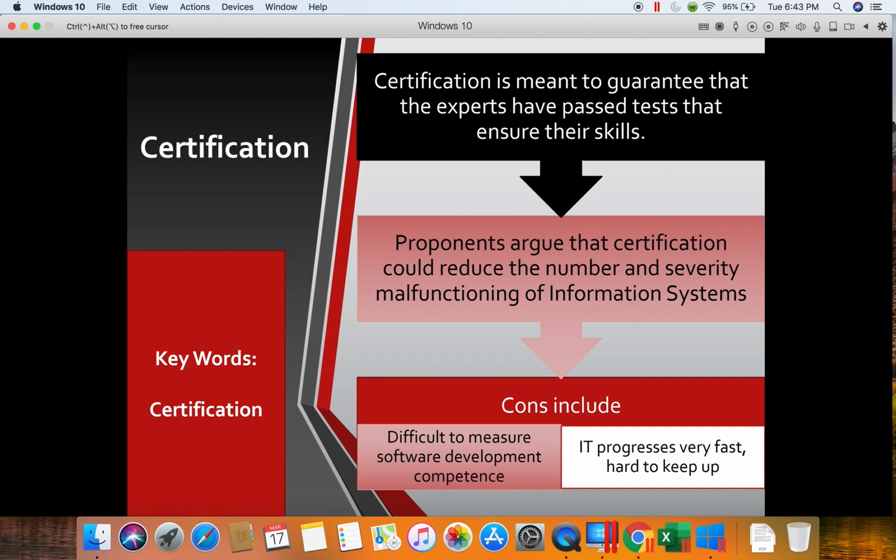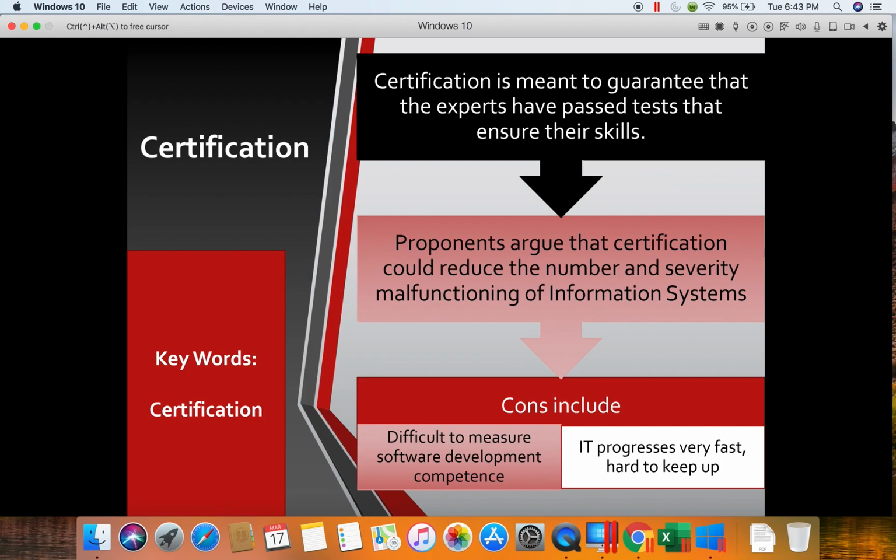Some of the cons that people argue is that some people believe it would be difficult or impossible to measure competence in software development because there are so many different tools and applications that we could use for that process. Other people argue that it would limit the number of people who could get into the market. It would close the group so that it would become a very limited number of people.